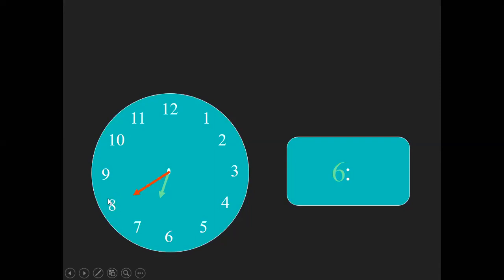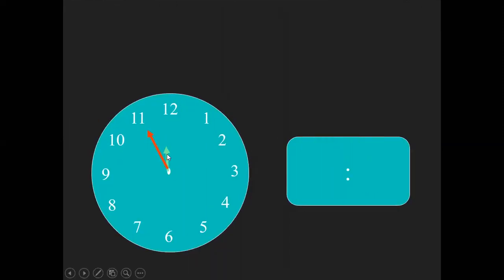We are going to use the multiples of 5. So, 5, 10, 15, 20, 25, 30, 35, 40. Therefore, the minutes will be 40. So, our time is 6:40. You can also use multiplication by 5. So if it is 8, multiply it by 5, you will have 40.